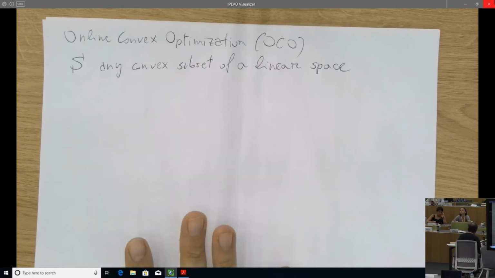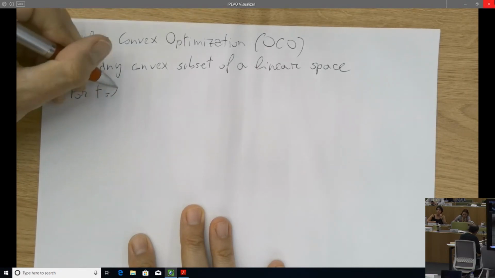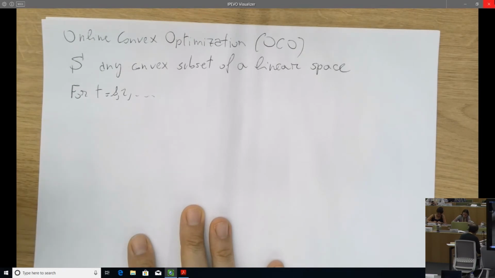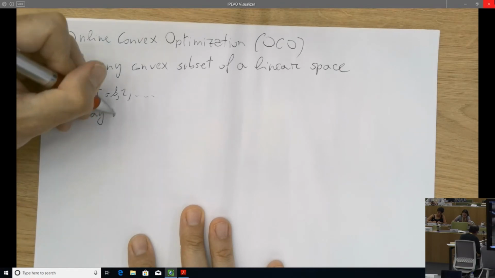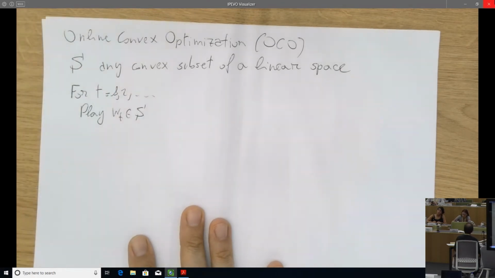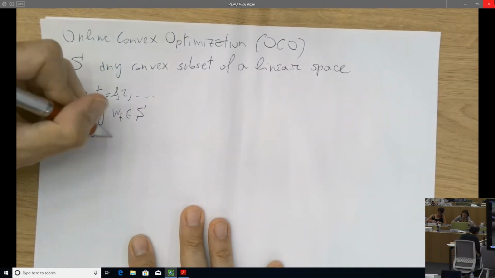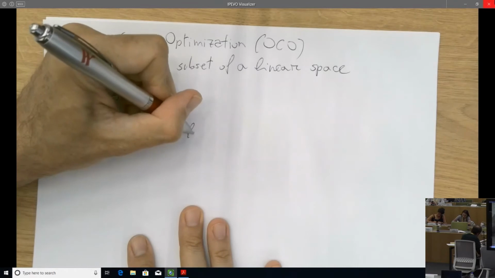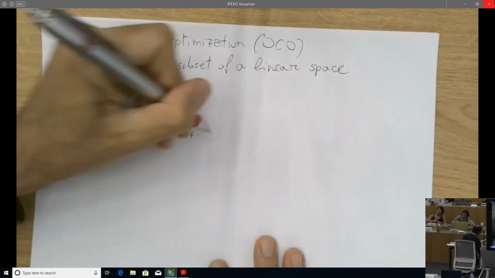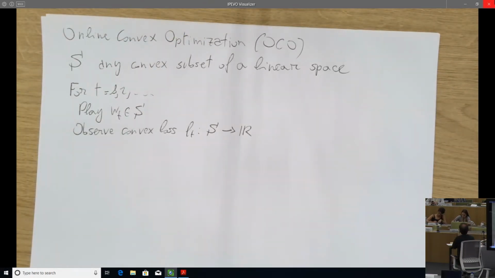Okay, so now your online learning process is like that. For t equals 1, 2, and so on, we play our decision from our set, which was the probability before. We observe a convex loss, L_t. Before, our convex loss was a finite linear function because we had a finite domain.